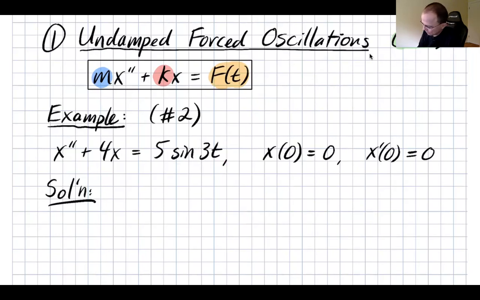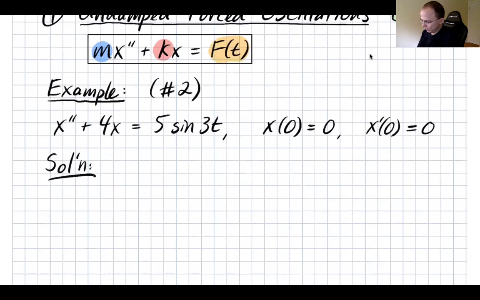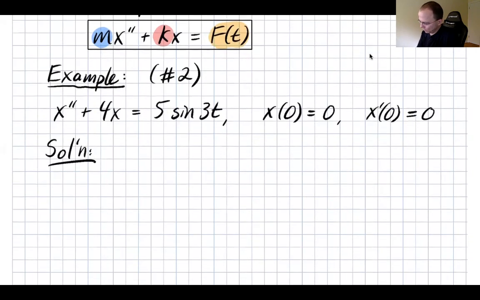Okay, so let's get started, and we're going to start with the system at rest, at 0 with 0 velocity. Normally without forced oscillations, nothing would happen. But because we have an external force, you'll see that we're going to have some movement from this system, even though we started at rest.